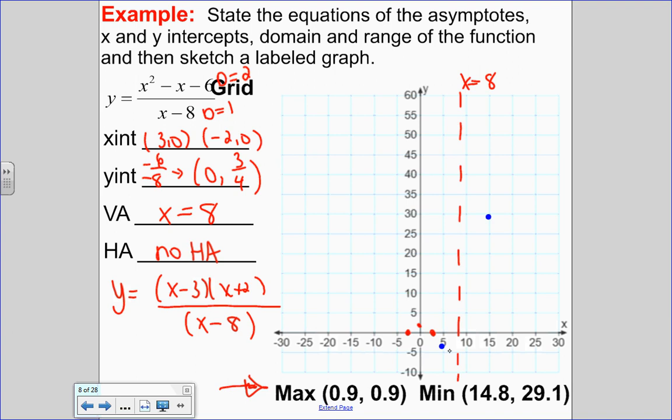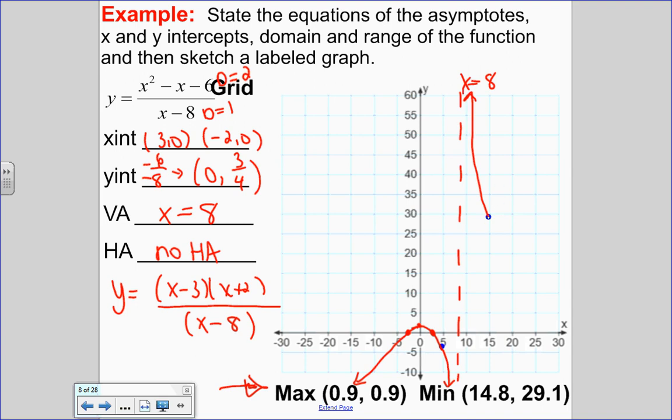So I'm always going to go towards negative infinity for the vertical asymptote on this side. I'm going to connect these dots here. That's the highest point there, so it's going to come right back and go down. This point here is the lowest point. So again, the end behavior always goes towards the vertical asymptote.